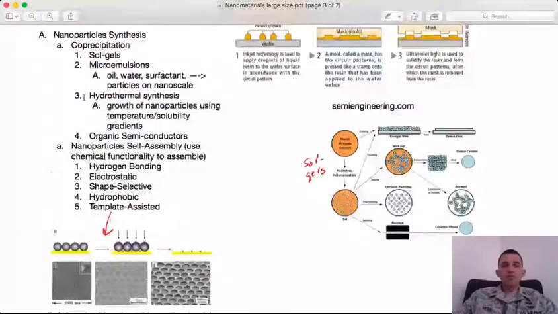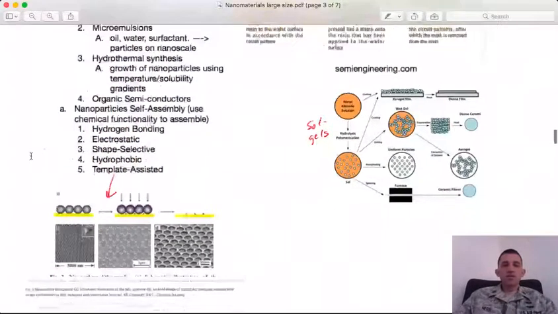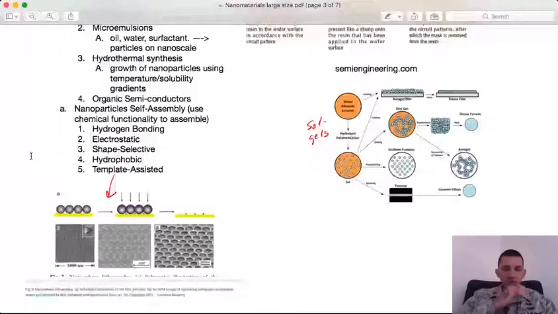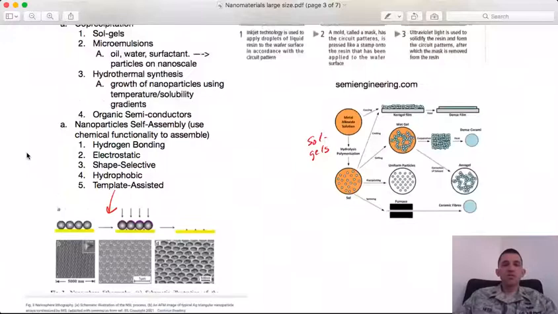So rather than focusing on just making really small particles on the nanoscale and then they arrange themselves loosely based upon our external inputs, self-assembly is using chemistry and building the molecule or the particle such that it has a tendency to arrange itself how we want it to be arranged, right?